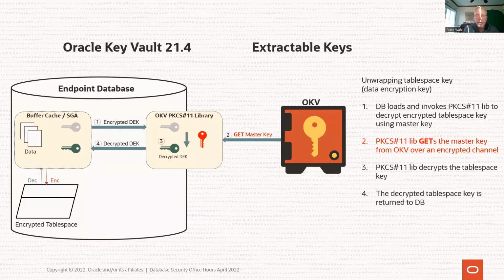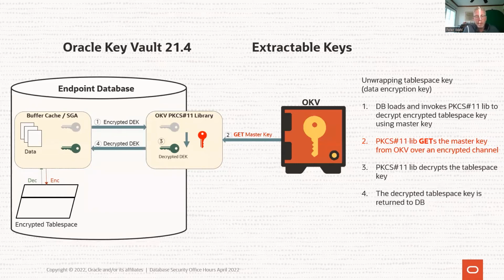This has the benefit that the master encryption keys that are stored in OKV are allowed to leave OKV's boundary. So in this case, we keep the master encryption key stored in memory of the database in the PKCS11 library, and we also have an optional persistent cache which sits between the library and OKV in the logical picture, but it would still be on the database machine.